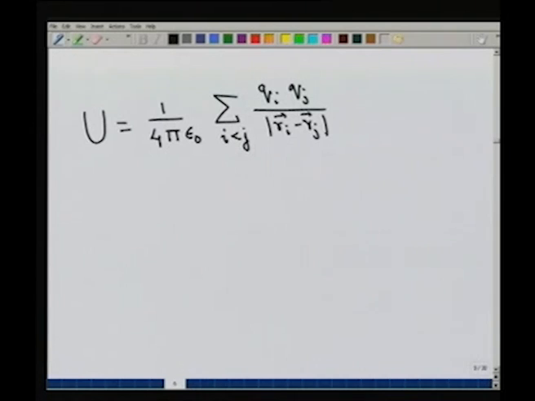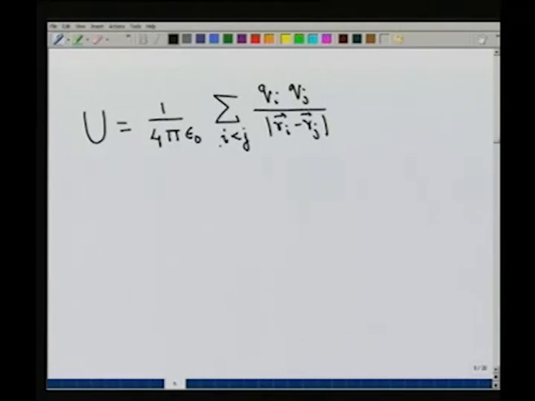We know that the sum of the kinetic energies of the n particles plus these n choose 2 terms is a conserved quantity in electrostatics, so long as of course we ignore the magnetic field. This is what I have.